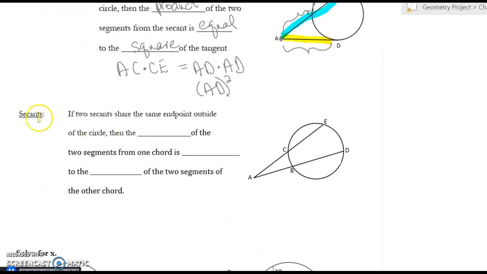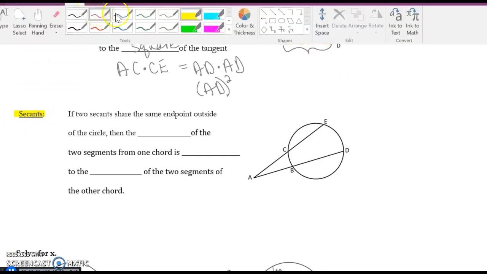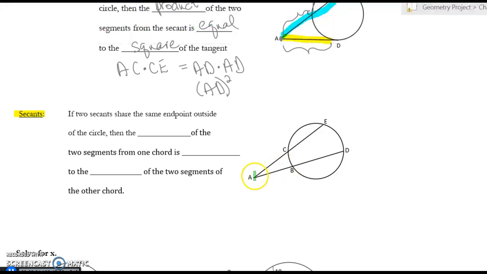The third and last rule we have is if you have two secants, and it's very similar to the other rules. I have the secant up top, and then I have the secant on the bottom. It's the same idea: the product of the two segments from one chord is equal to the product of the two segments from the other chord.